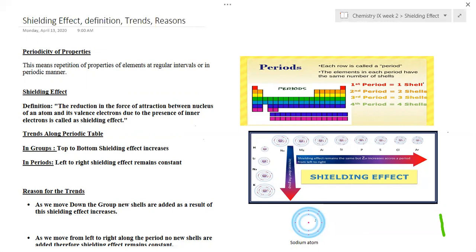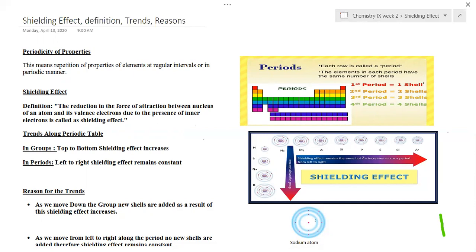Shielding effect is defined as the reduction in the force of attraction between the nucleus of an atom and its valence electrons. As we know, the nucleus is positively charged and electrons are negatively charged, so an electrostatic force of attraction exists that holds these electrons around the nucleus. This electrostatic force of attraction decreases because of the presence of inner shells. This is called shielding effect.